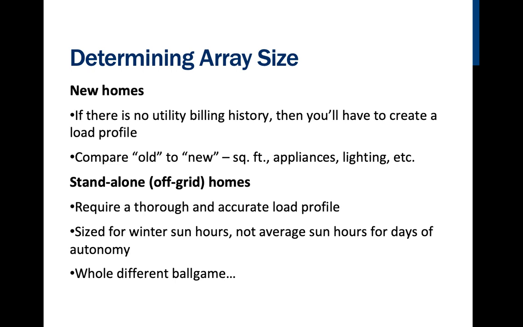I can look at the age of the family, how many members are in the family, and make assumptions based upon that. I can look at their appliances and make assumptions on that. But if they're building a new house, are they taking the old appliances with them, or are they getting new appliances? Here are some suggestions for lighting. Here are some suggestions for appliances. And so you're going to have to ballpark it.